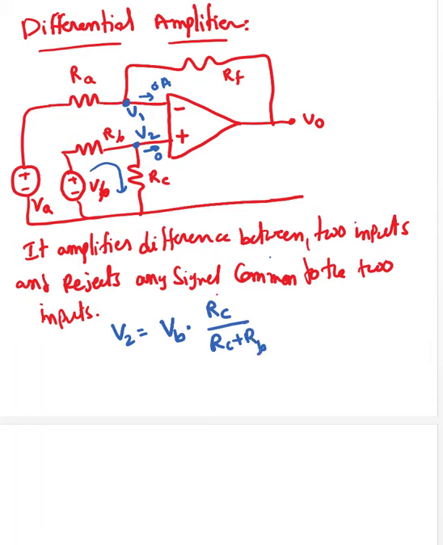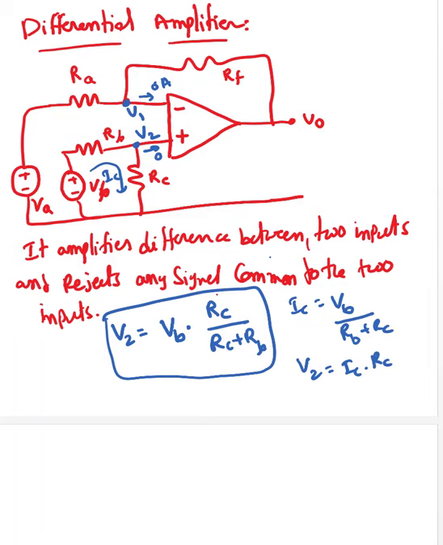Or you can say there is a current IC going through this, so IC equals VB over RB plus RC. Once you find IC, V2 must be IC times RC. This is what we're going to end up with for V2.